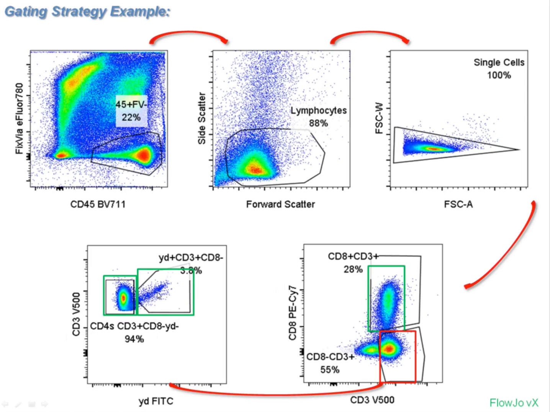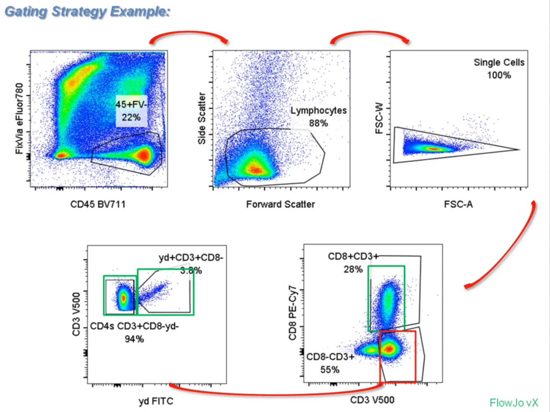So ultimately I've zoomed down, and this is almost my starting point where I can identify three subsets that I'm interested in. Firstly, these are my CD8 T cells. These are my gamma delta T cells. And then somewhat by default, these are going to be my CD4s, because these are CD8 negative, CD3 positive, and gamma delta negative.